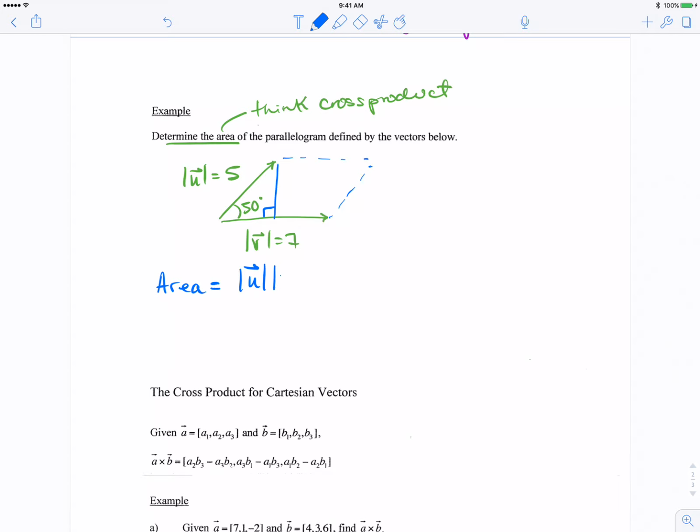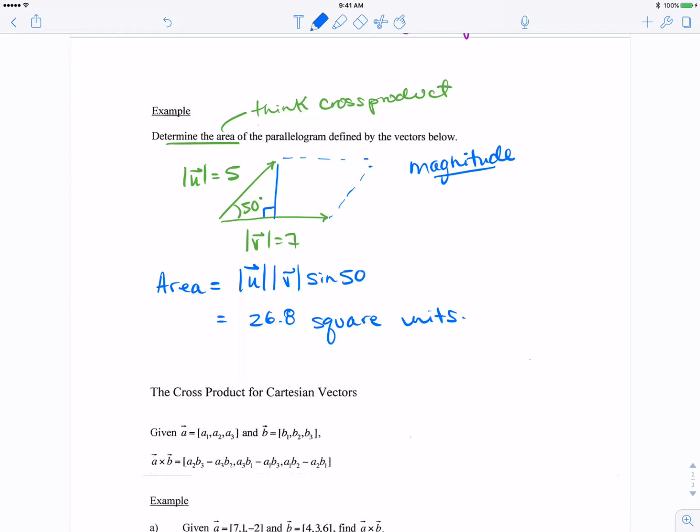The magnitude of u times the magnitude of v multiplied by the sine of 50, because remember this is a magnitude question. Magnitude of u, magnitude of v, sine of the angle in between. Five times 7 times the sine of 50. Don't know what the units are, they're just squared.